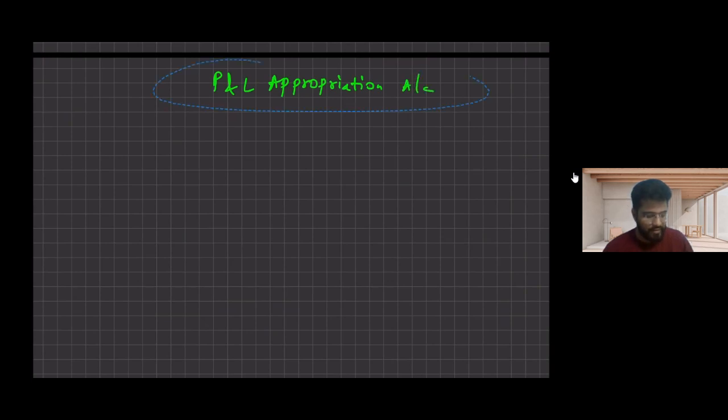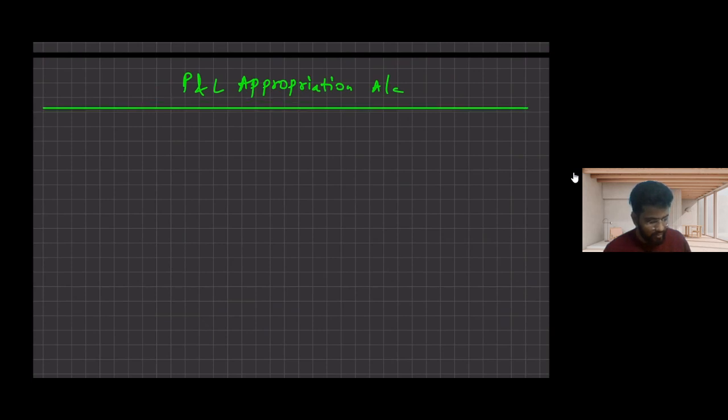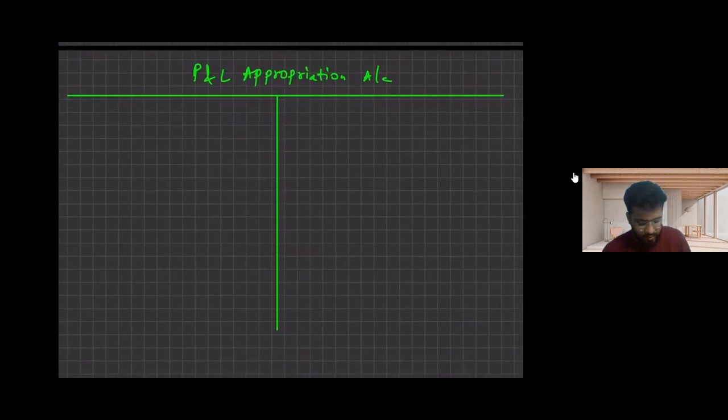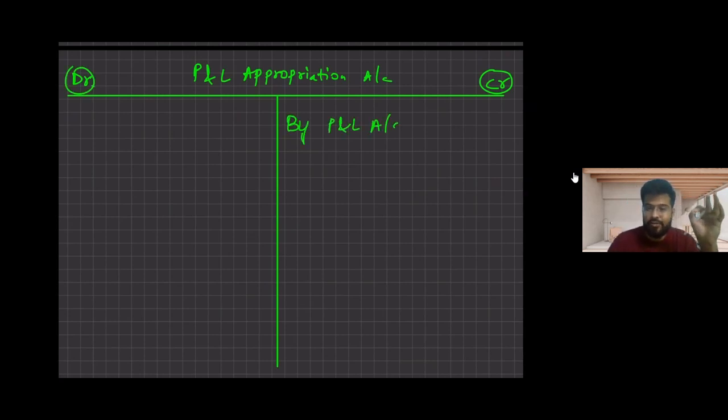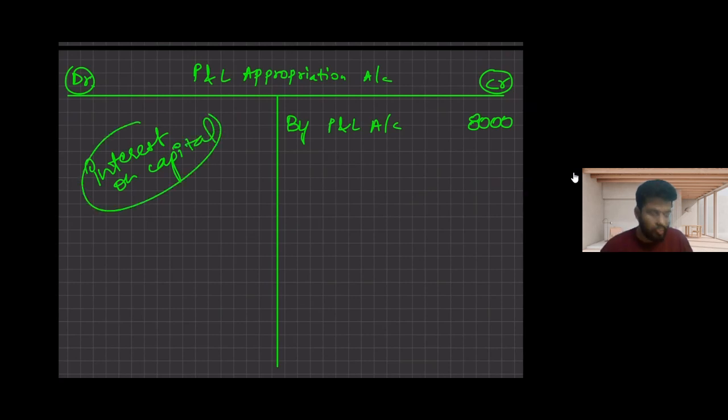If there is a net profit, the balance will come from the P&L account on the credit side, because it is a profit. Credit all gains and income. So 8,000 is now here. Whatever distribution I am making to the partners will be mentioned over here. It may be interest on capital, if they are entitled to receive it.